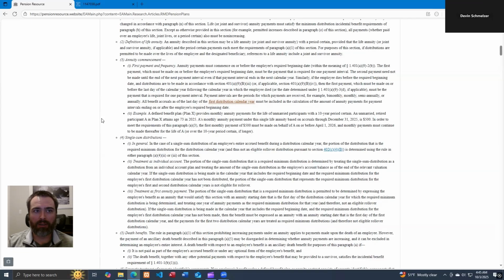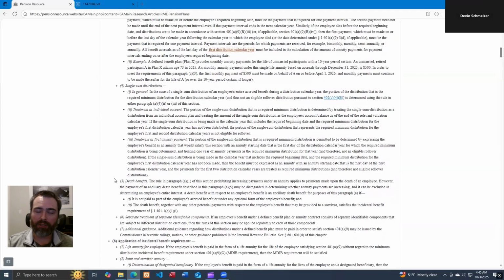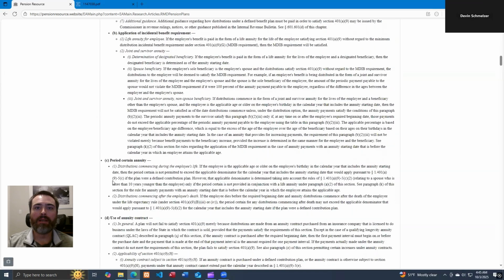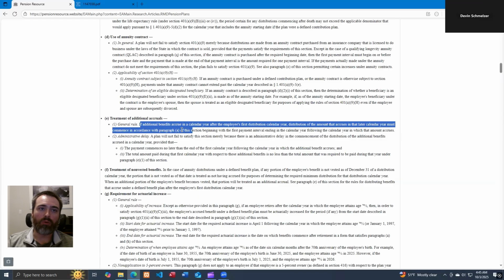Let me jump down to paragraphs E and F for additional accruals. Paragraph E says, besides their first distribution year, when you include all their accruals for that year, for the years following that, you add the accrual following the year of the accrual for the required distribution for your payment intervals.